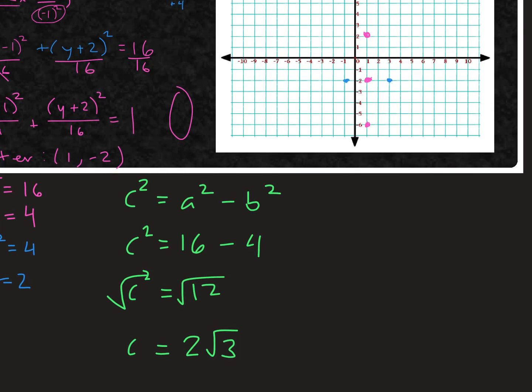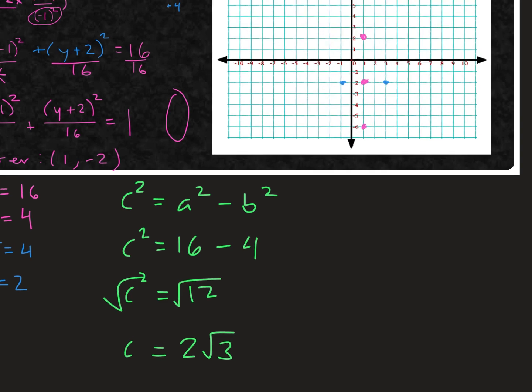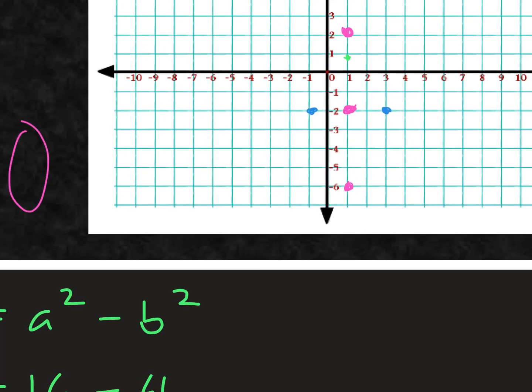So we're going to go from our center up 2 square root 3 and down 2 square root 3. I don't know what the value of that is, but we'll just say it's about here. Again, you're not going to have to draw for the test, so it's just a nice little estimate to help us see, because then we can just look at our picture and name all of our vertices and our foci.